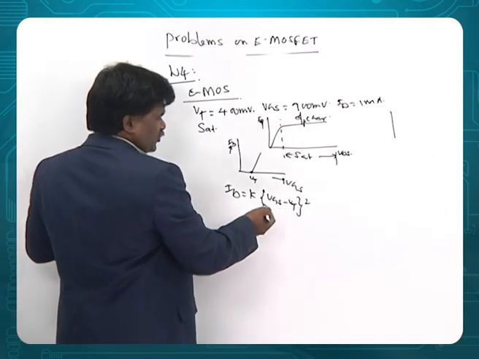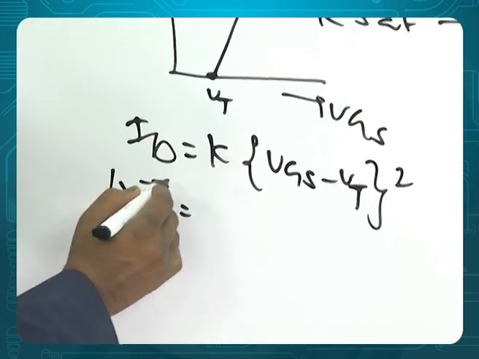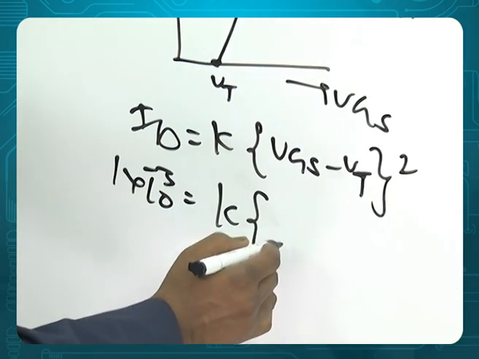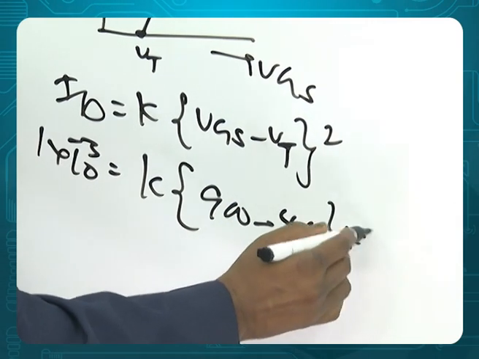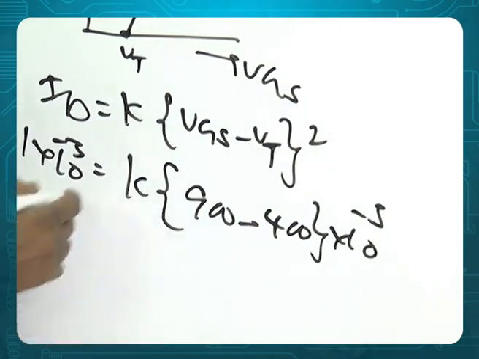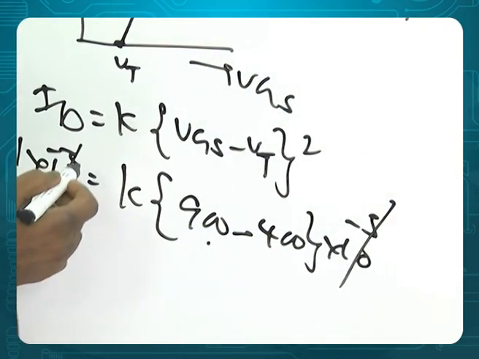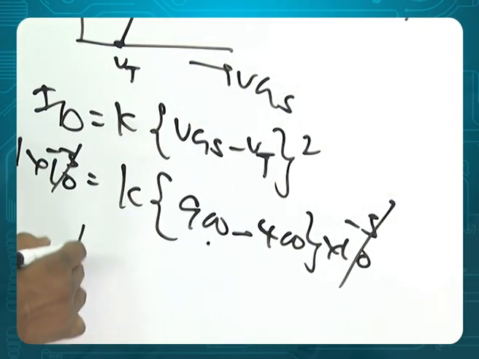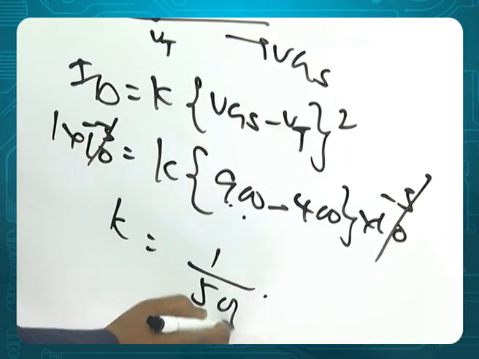Now what you need to know, ID is given 1 milliampere, K. 900 minus 400 milli. VT is 400, VGS is 900, milli cancel. So K is of course 1 by 500.